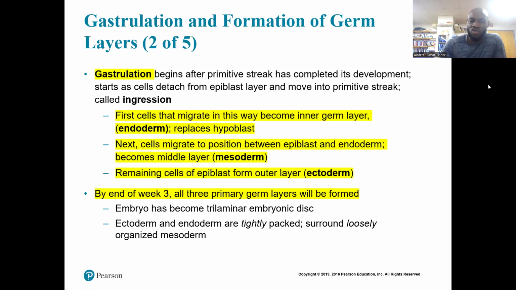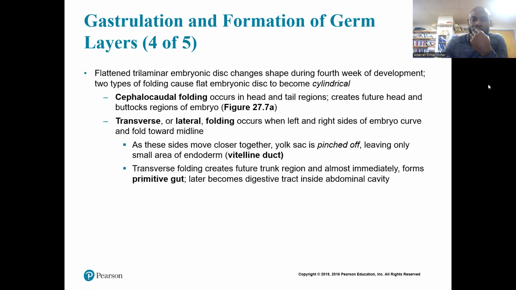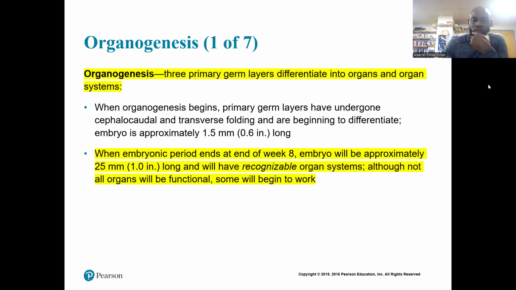By end of week 3, all 3 primary germ layers will be formed of the embryo. So 3 layers. That's the diagram for that. Amazing to see the formation.